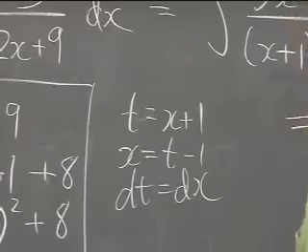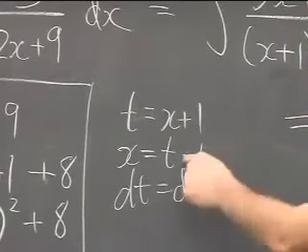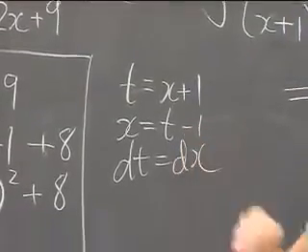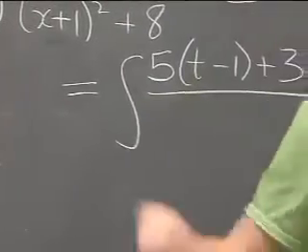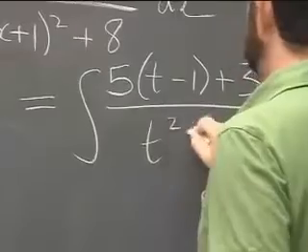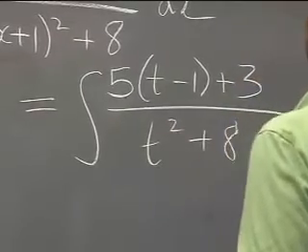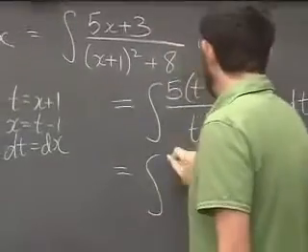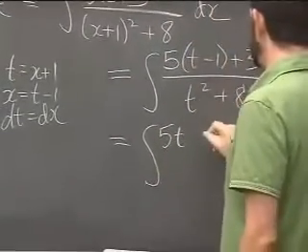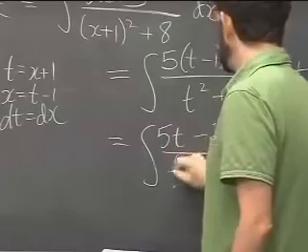And so in t land, this integral becomes, x becomes t minus 1, so it's 5t minus 1. And on the bottom, you have t squared plus 8. And the dx is just dt. So this works out to be 5t minus 5 plus 3 is minus 2, over t squared plus 8.